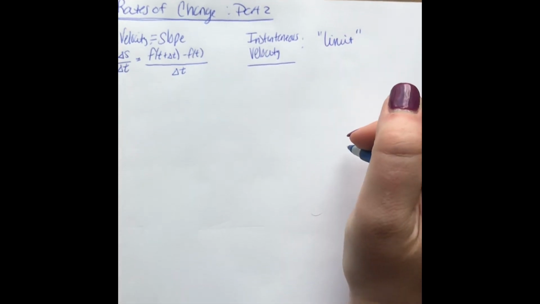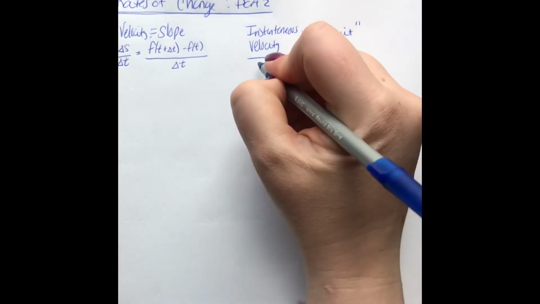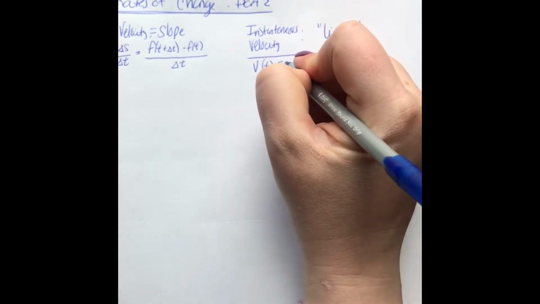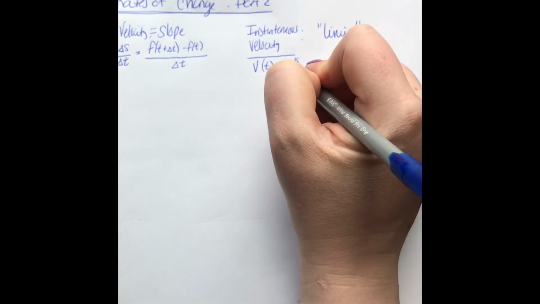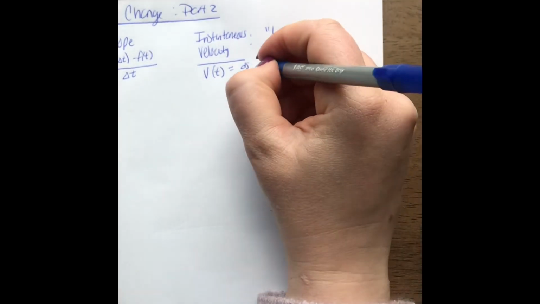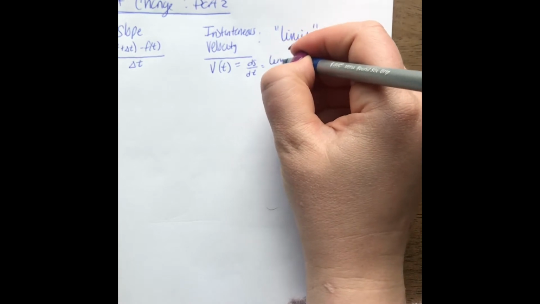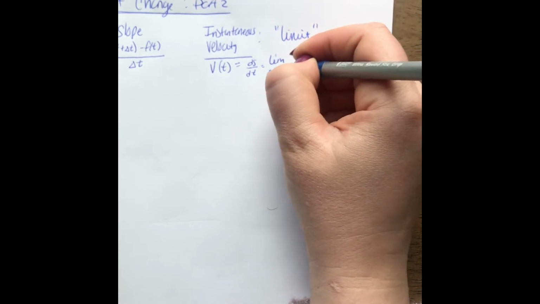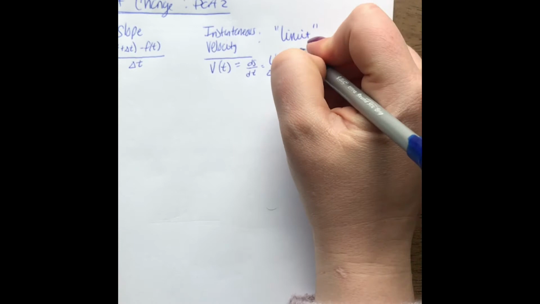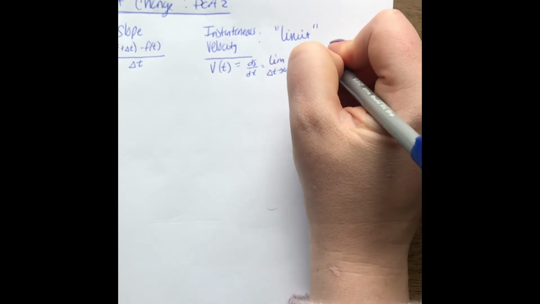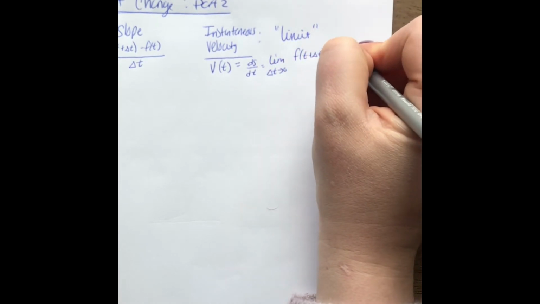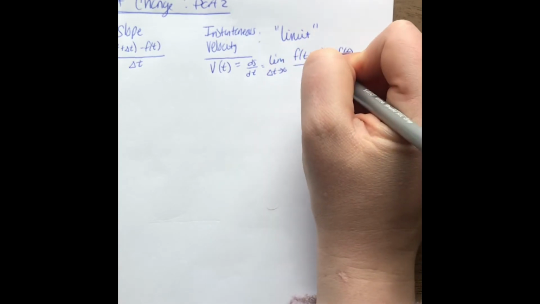Okay, so instantaneous velocity, we're going to have V of t is equal to ds dt, the derivative, which is equal to the limit as delta t approaches 0 of f of t plus delta t minus f of t all over delta t.